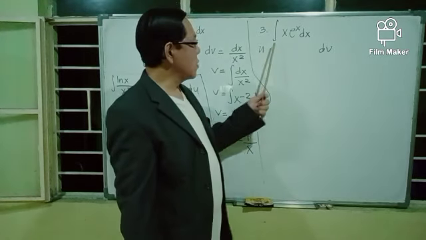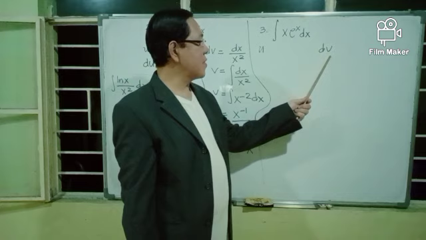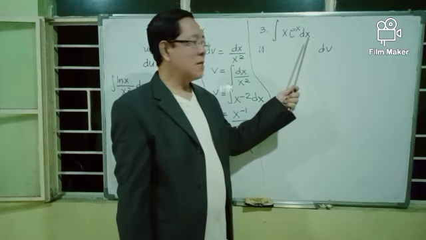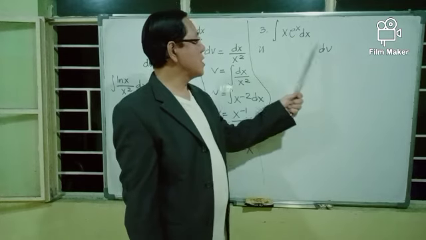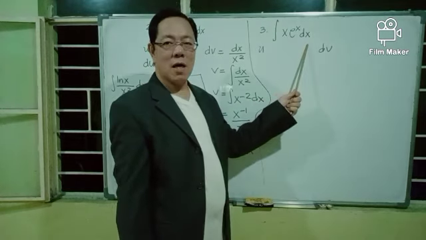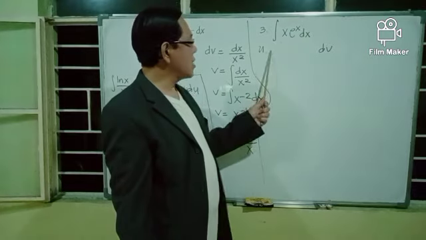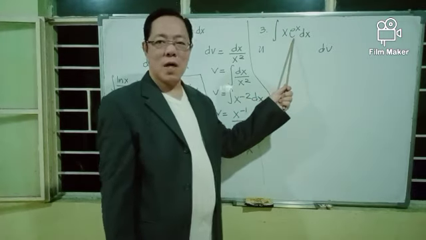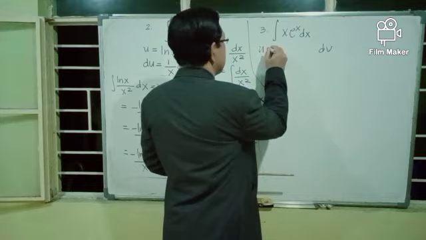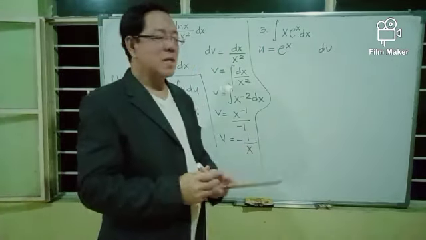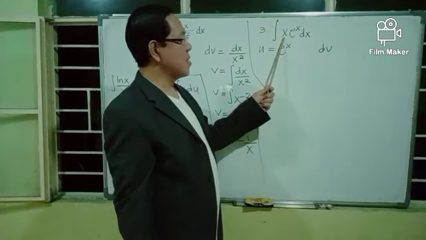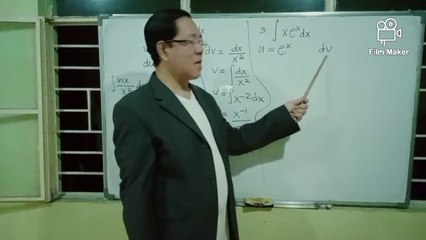If you take u equals x, then your dv is e to the x dx. If you let u be equal to e to the x, then your dv is x dx. I will take u equals e to the x. This means that the remaining expression, x times dx, is our dv.